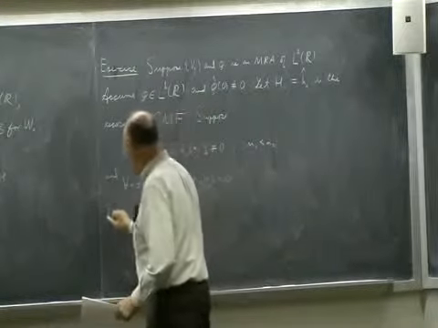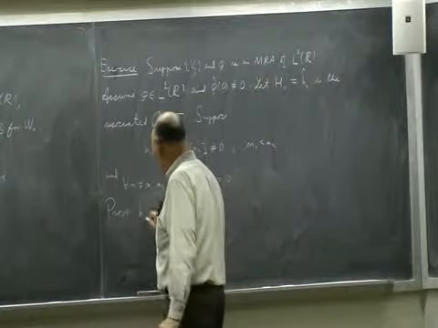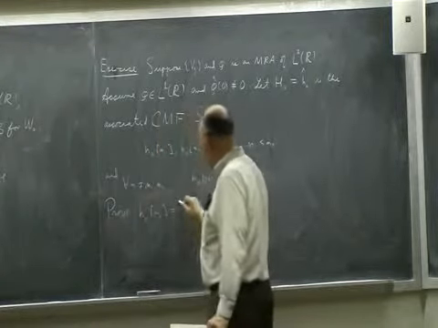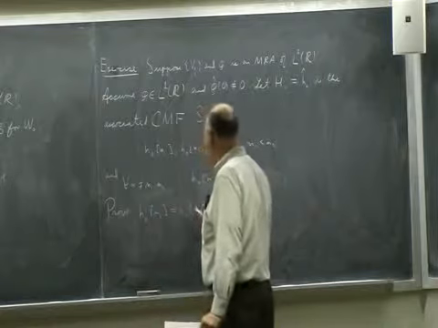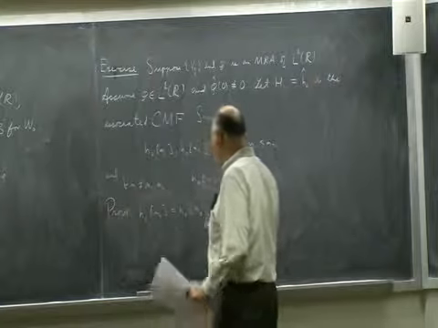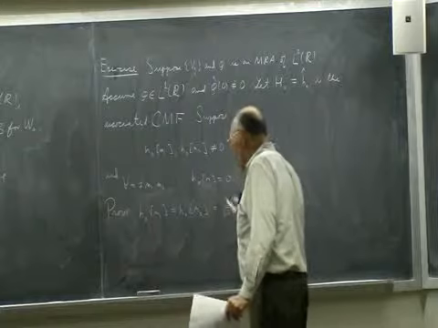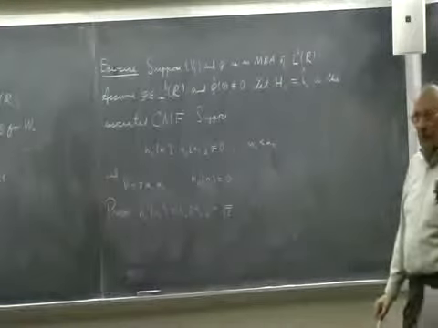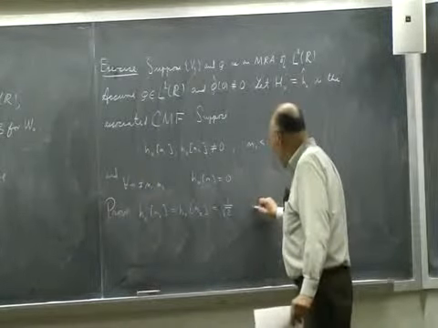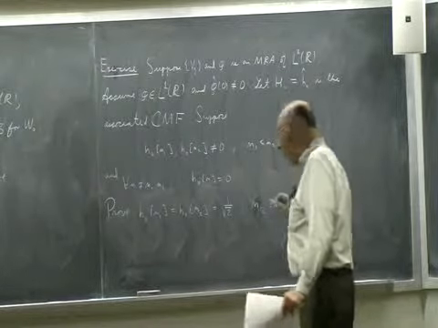Prove that H0 of n1 is equal to H0 of n2, which is equal to 1 over the square root of 2, and here's the interesting thing, and n2 is equal to n1 plus 1.